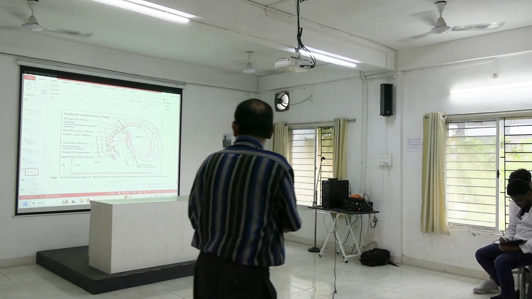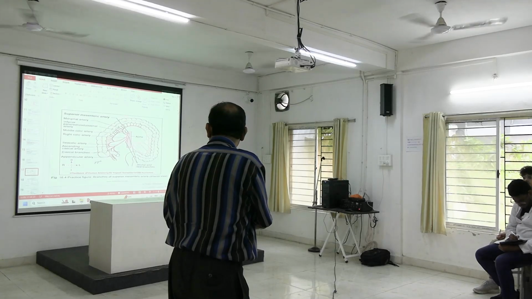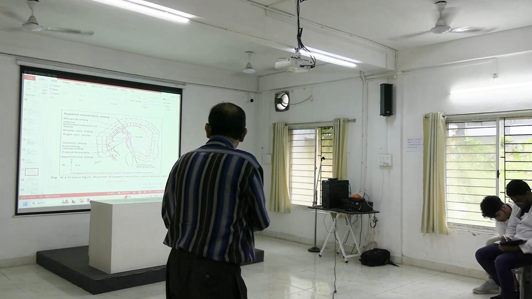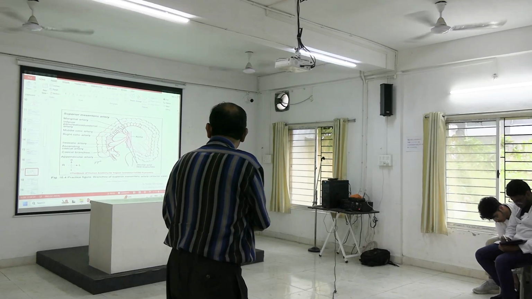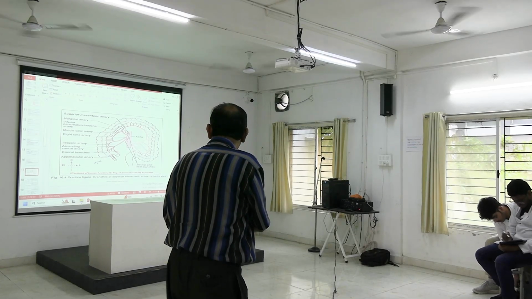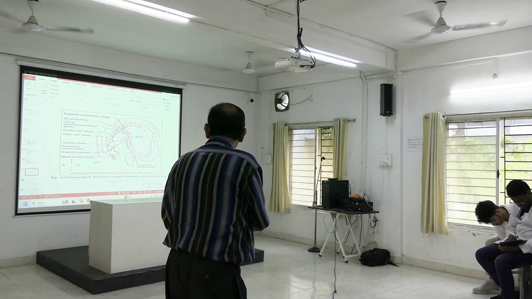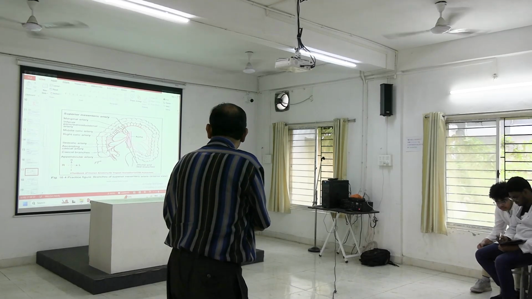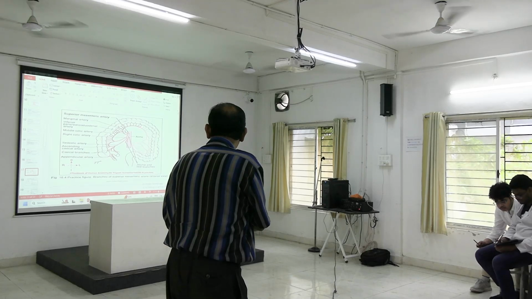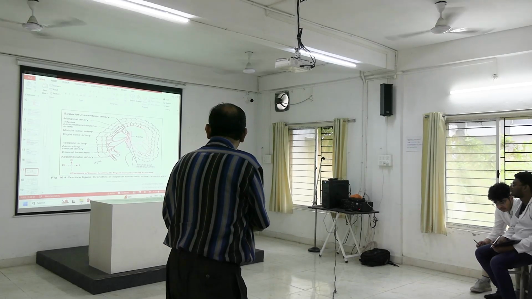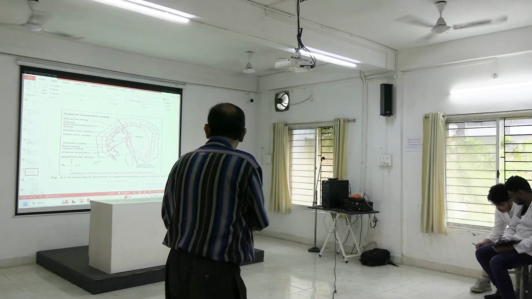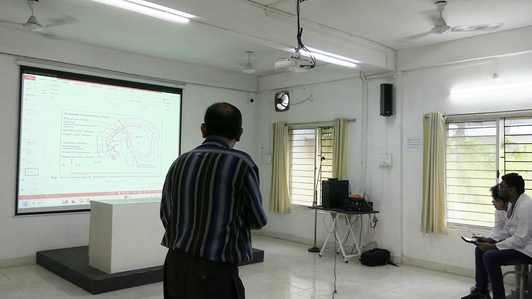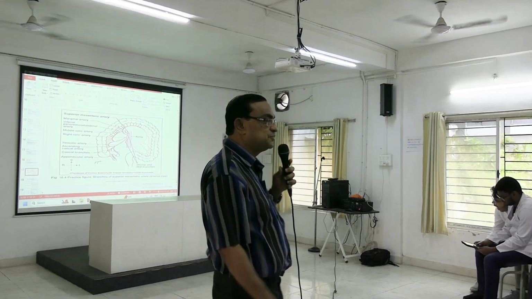So this is the junction between the right 2/3 and left 1/3 of the transverse colon. So we can see up to this is the supply from the superior mesenteric, and from here is the supply from the inferior mesenteric. So this is the junction between the midgut and the hindgut.